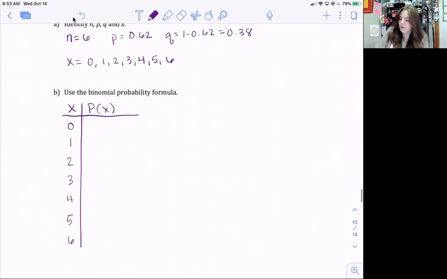So the probability of 0 would be 6 combination 0 times 0.62 to the 0 power times 0.38 to the 6 minus 0 power. Okay, if we simplify that and plug it into our calculator, remember for probability, we're going to round to 3 decimal places. We get 0.003.